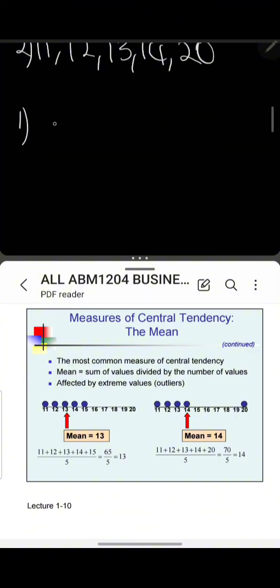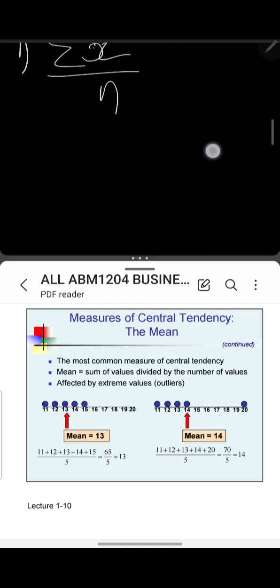So when you're working on number 1, remember the formula: it is summation. Then we go 11 plus 12 plus 13 plus 14 plus 15.